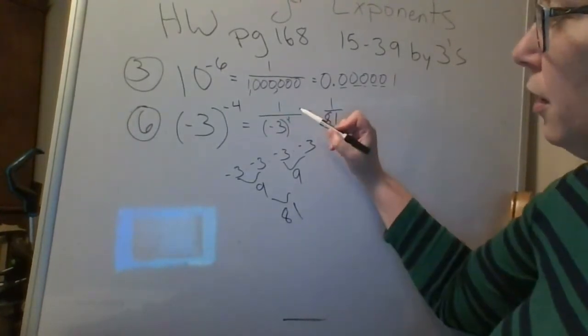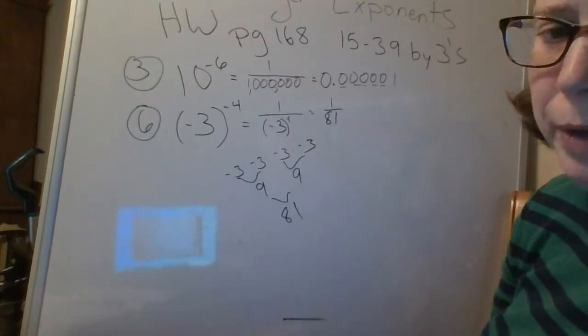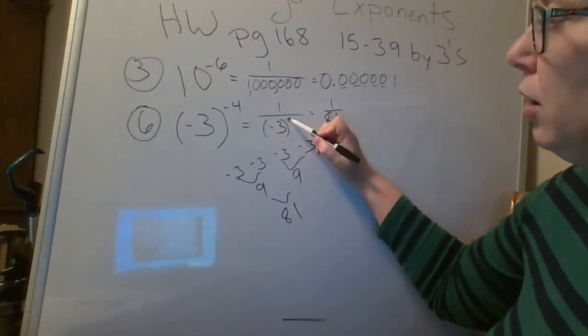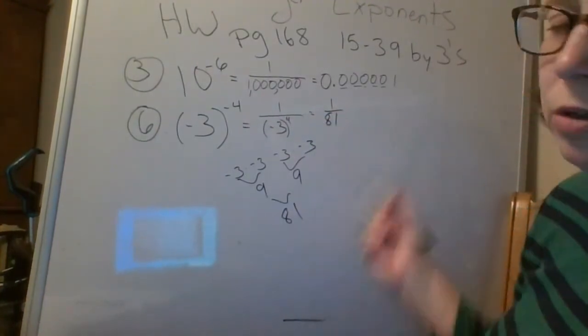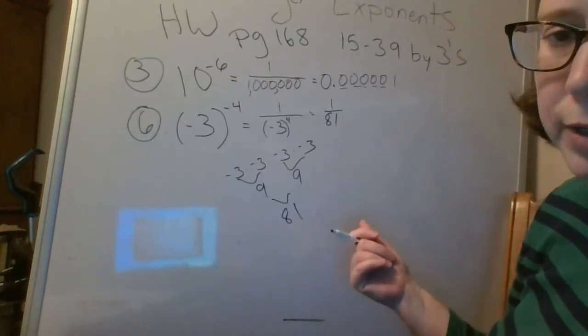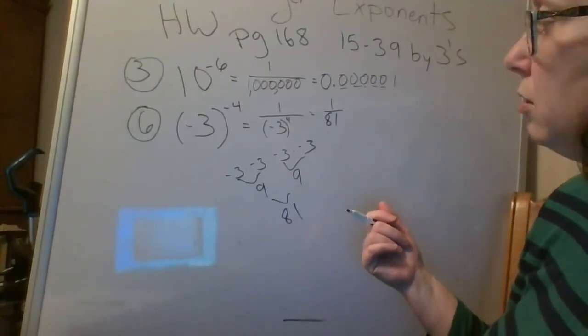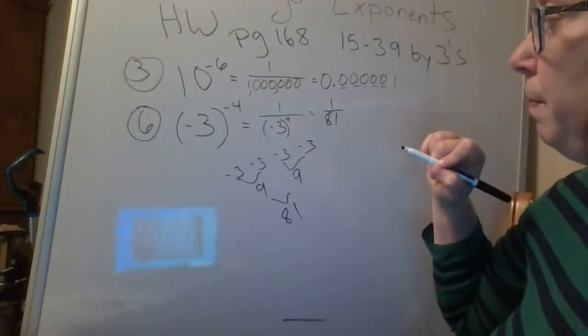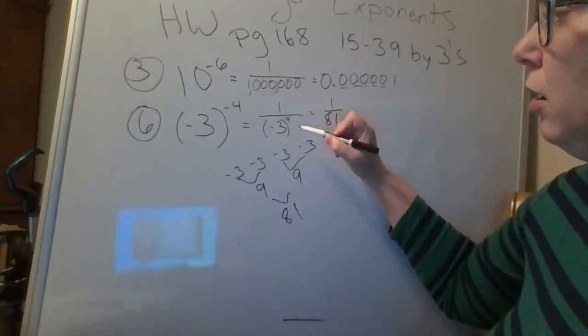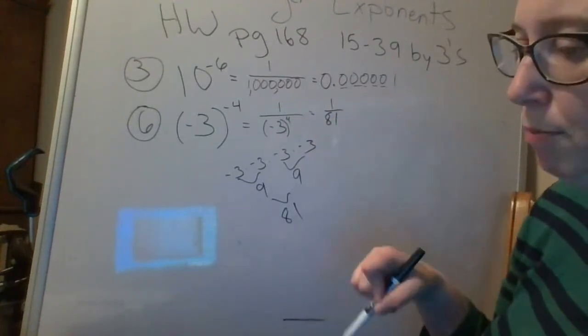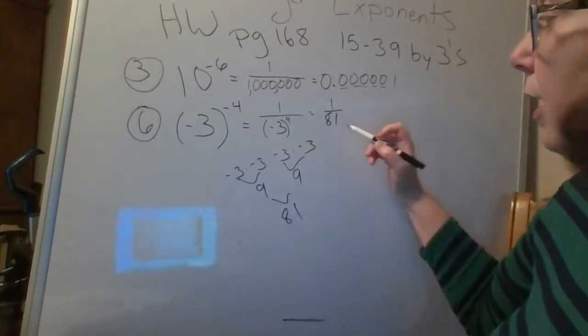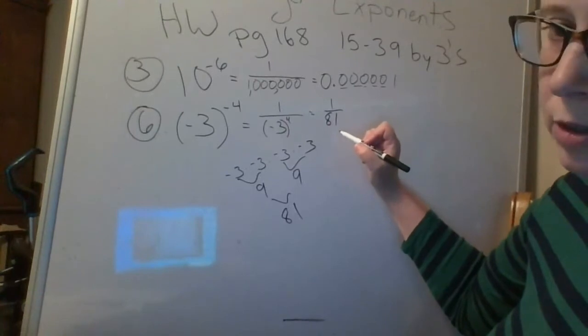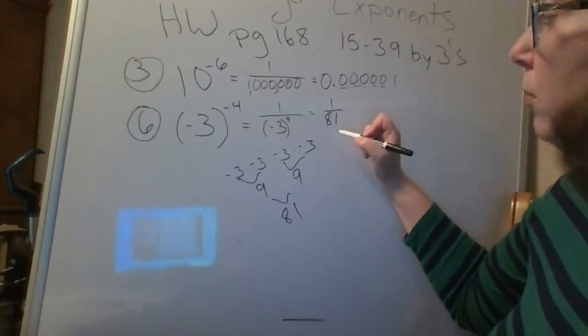Remember, with a negative number as your base, if your exponent is even, you know automatically that your answer is going to be a positive number.